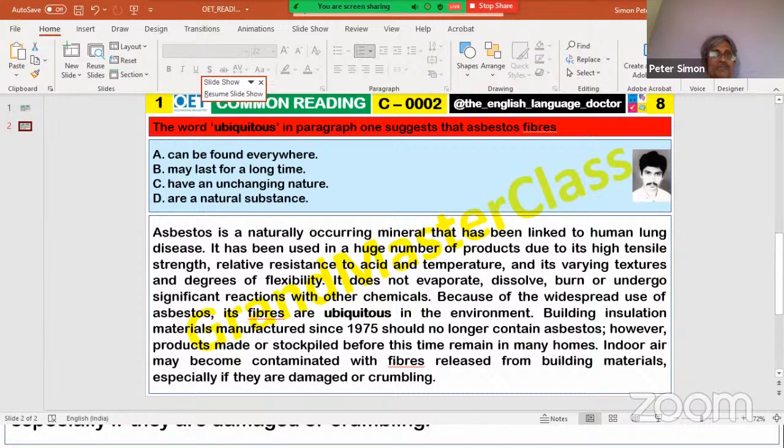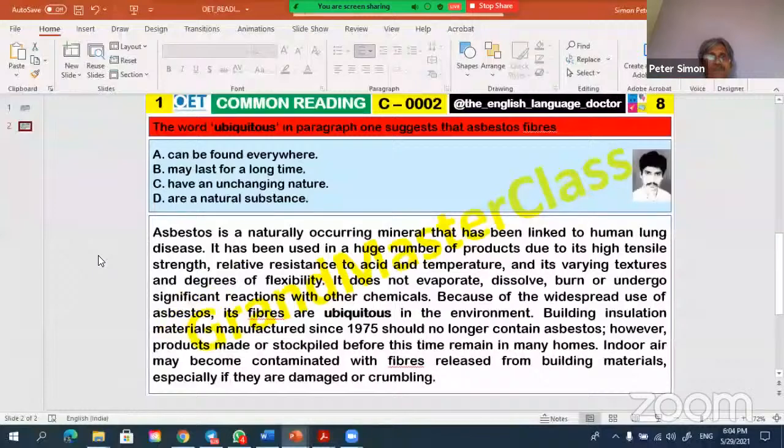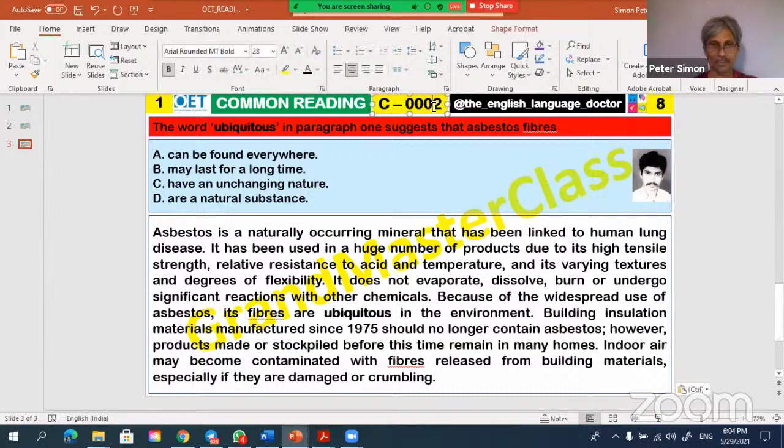Third question is here. Control C, Control V. The third question is here. 3. And this is question number 9. And here paragraph number 2.